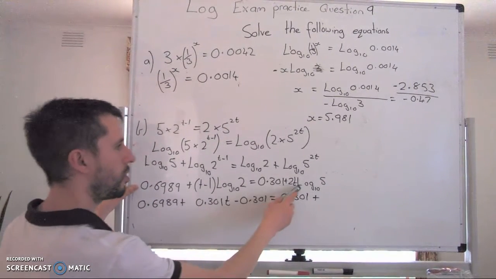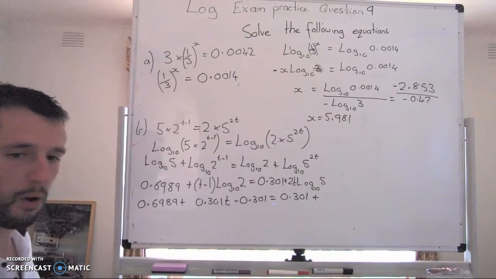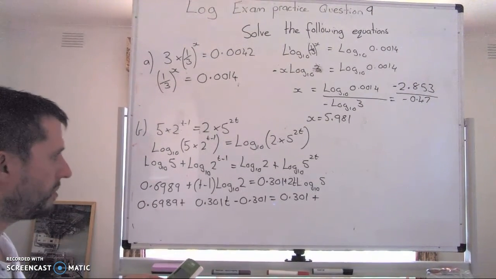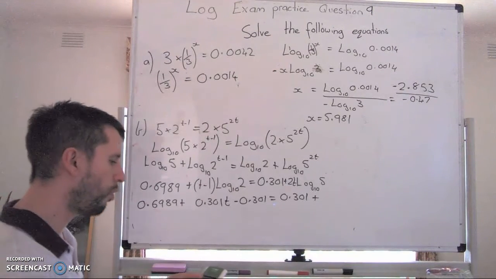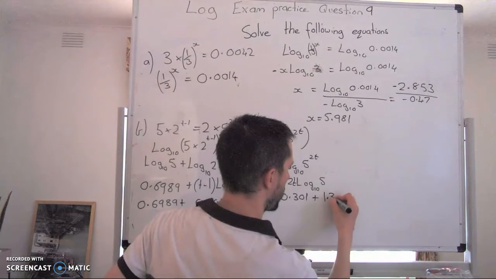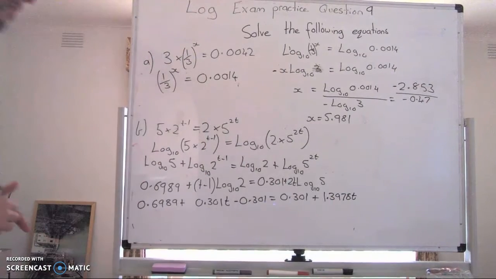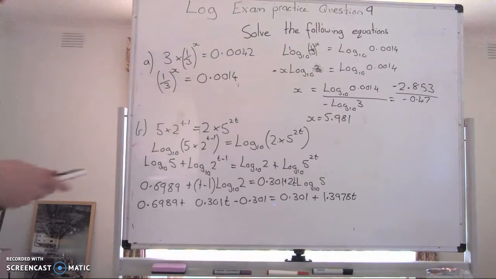So it's 2t times this. So straight away I'll use my calculator and go 2 times 0.6989 is 1.3978. So it's 1.3978t. We're starting to get a picture of where we are now. Now we just need to solve it.